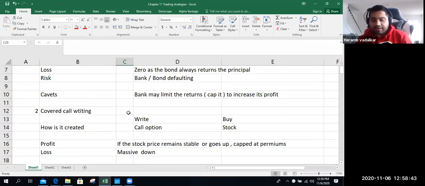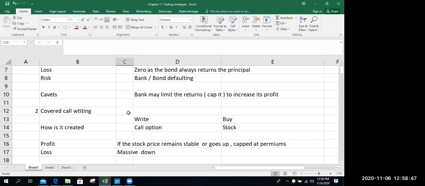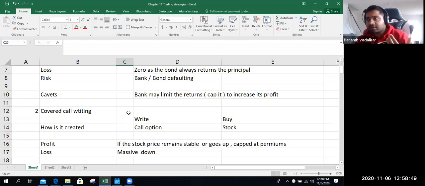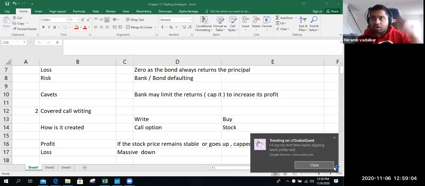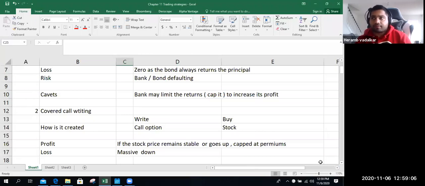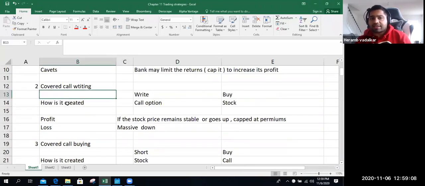For example, if you have stock of Intel that is not doing that well, but you don't want to sell it because you see that a new CEO is coming or something good is going to happen, you want to wait on that. So you will keep on writing call options on Intel stock so that you can keep collecting rent from it, so that your cost of ownership goes down. So that's the benefit of covered call writing.